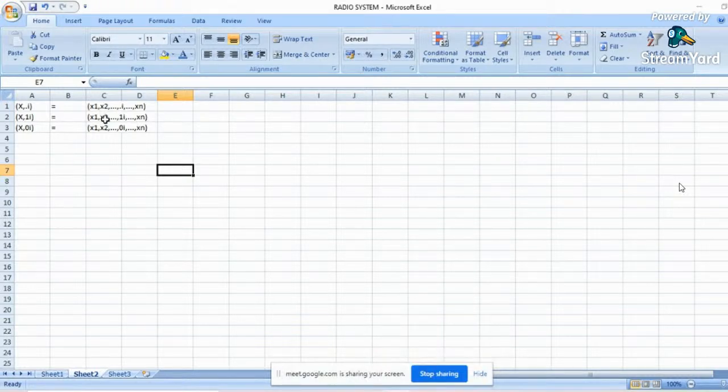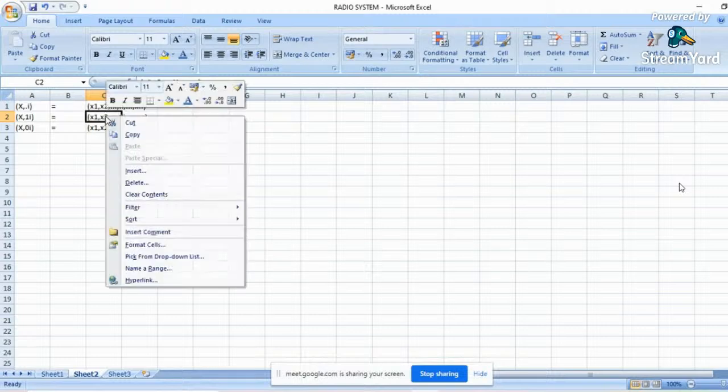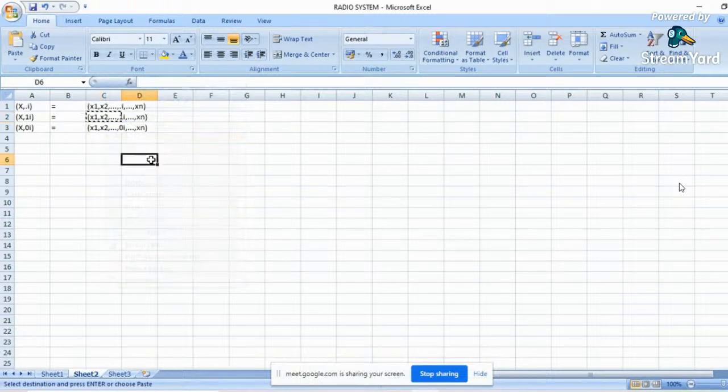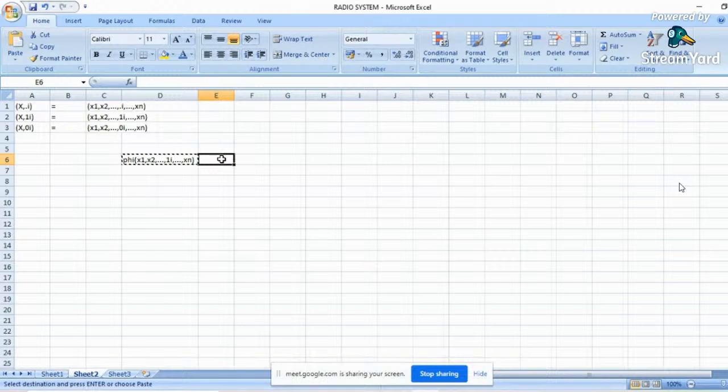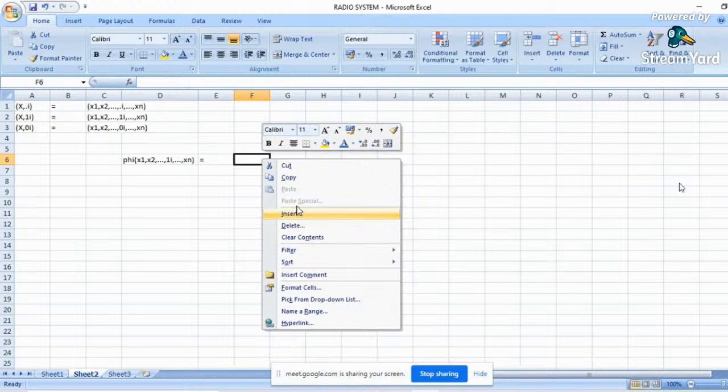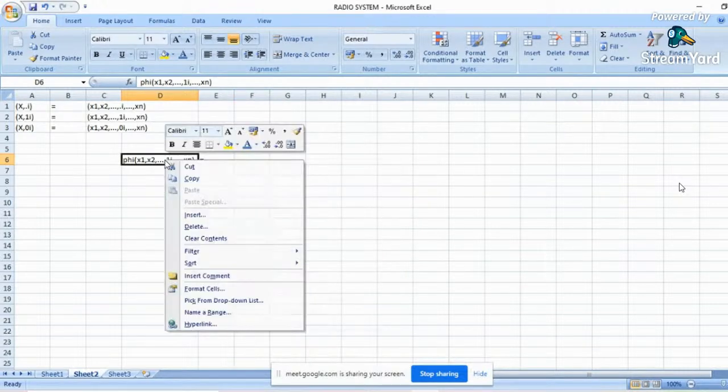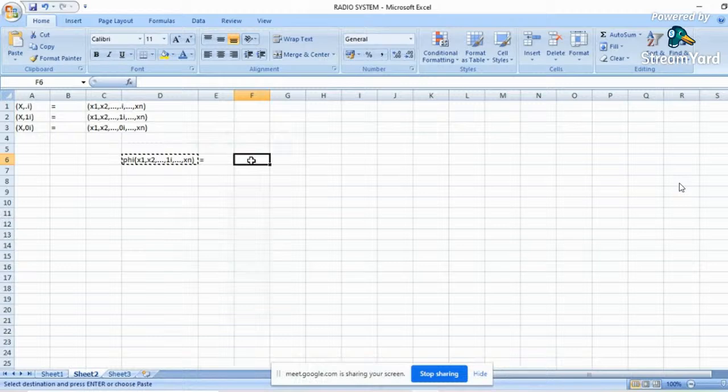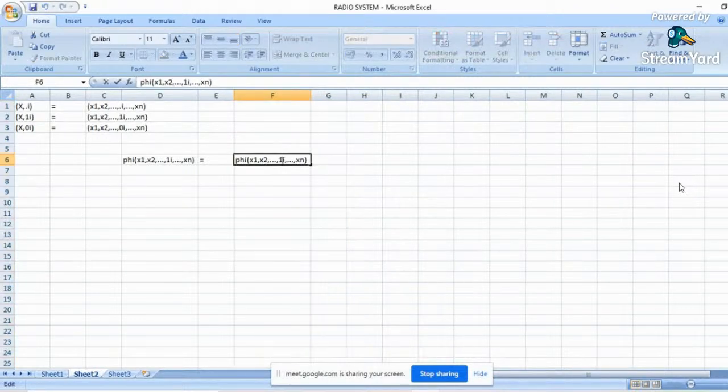That means a component i is called irrelevant if phi of x1, x2, xn with the ith component at 1 is equal to phi of x1, x2, xn with the ith component at 0.